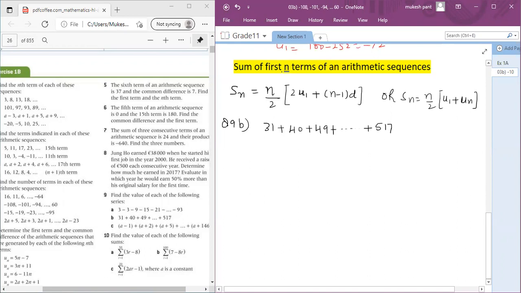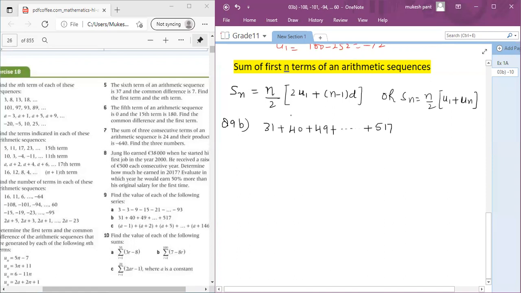If I'm saying find the sum of 10 terms, the first term is already included there. See that u1 in the formula. You can understand first term means you write numbers in ascending order, so you count from the first. Is it clear?